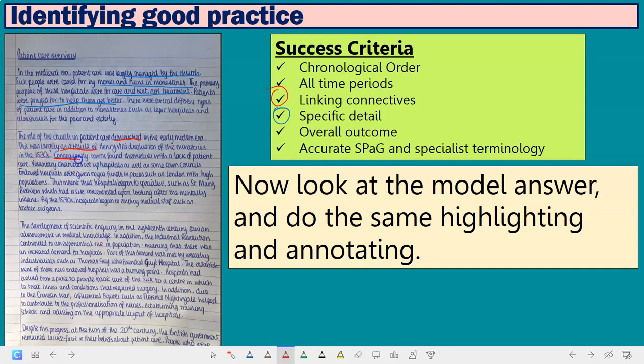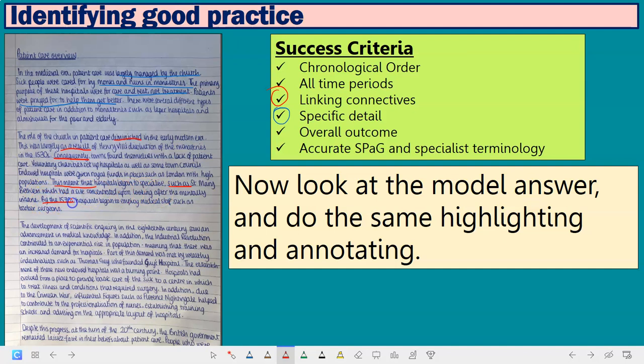Consequently, here we go, towns found themselves with a lack of patient care. Voluntary charities set up hospitals. This is all knowledge. Endowed hospitals were given royal funds in places such as London with high populations. This meant that hospitals began to specialise, such as St Mary Bethlehem, which had a site concentrated upon looking after the mentally insane.